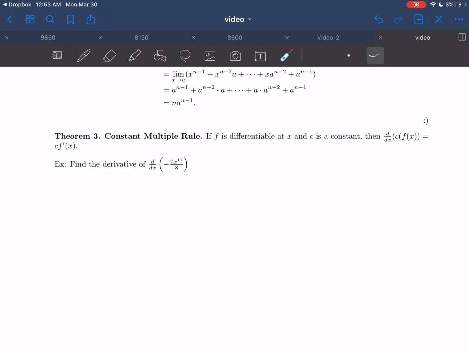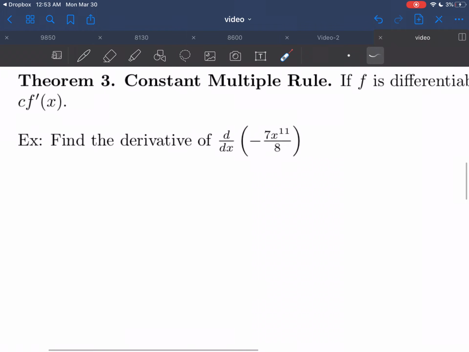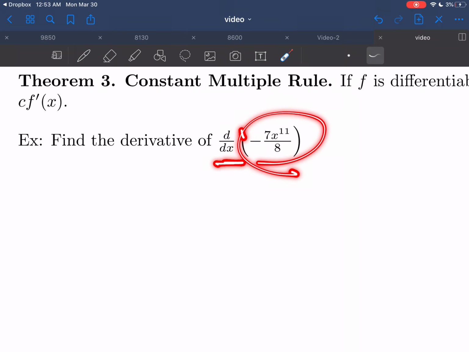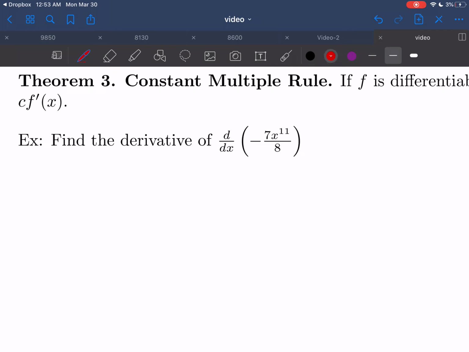whatever the derivative is. So if we look at this example, we want to find d/dx of our function, the derivative with respect to x of our function here. Our function of x is actually going to be this x to the 11th. There's our function.